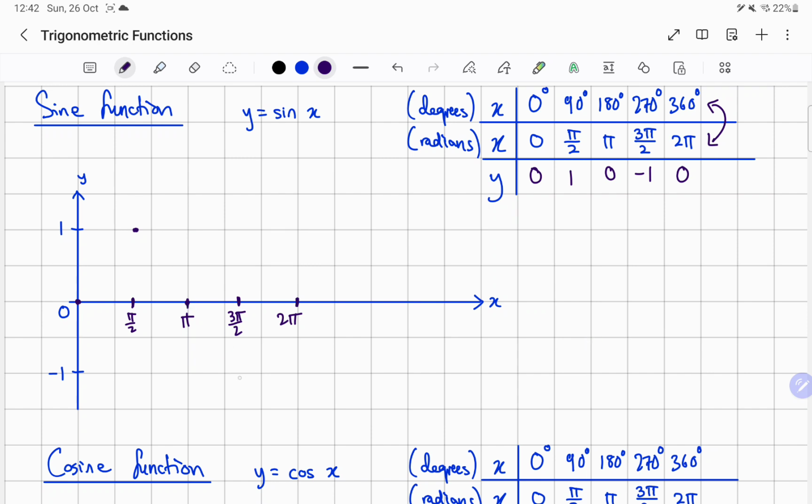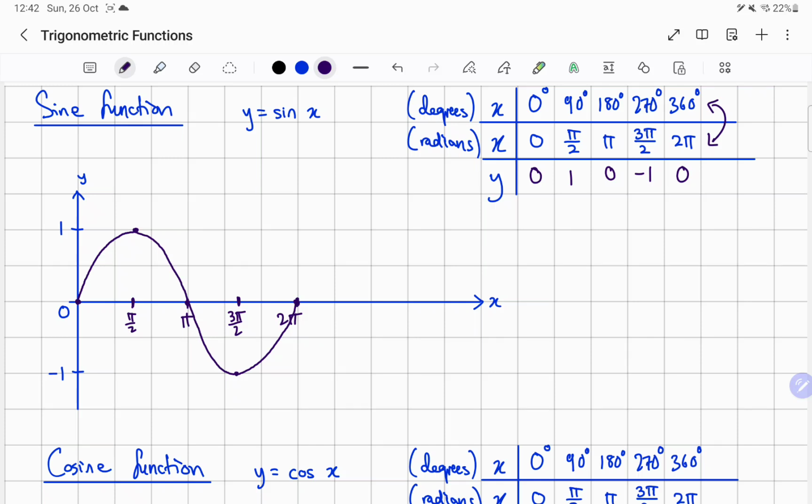At 3 pi over 2, it's -1. And at 2 pi, it is 0 again. And if you connect these dots a bit, sorry, my drawing is not great, you'll get something like this.